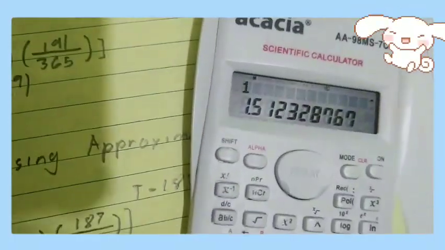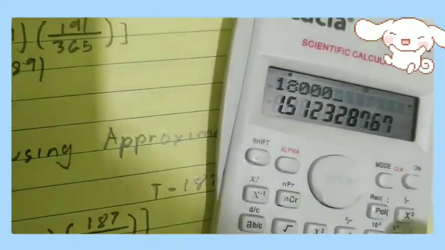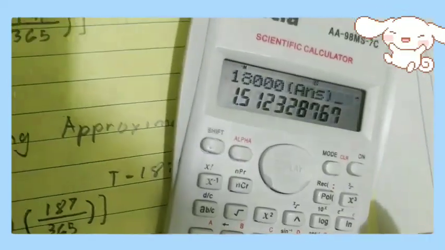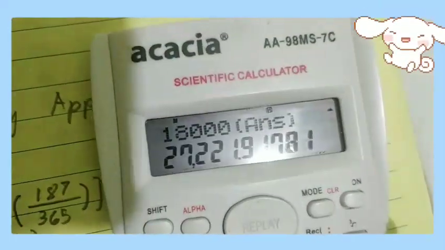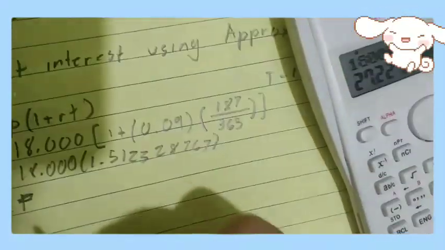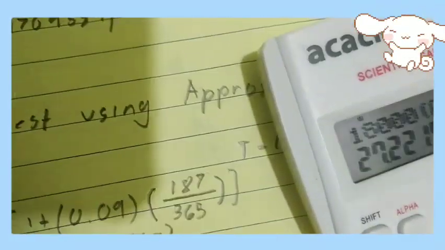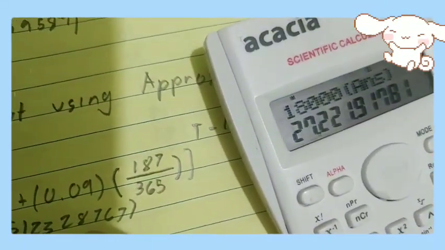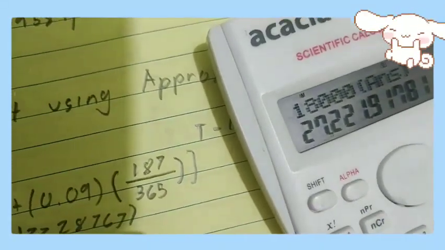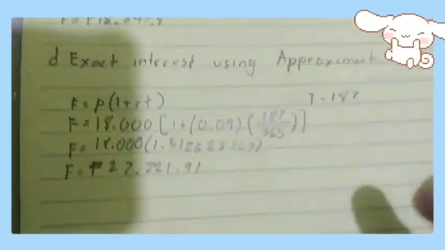Then 18,000 is equal. Close parenthesis, answer, close parenthesis, and equals our answer. 18,221.91, and that's how you answer it.